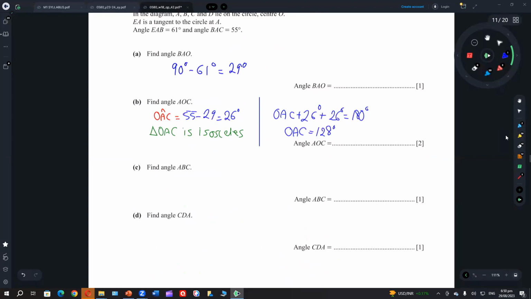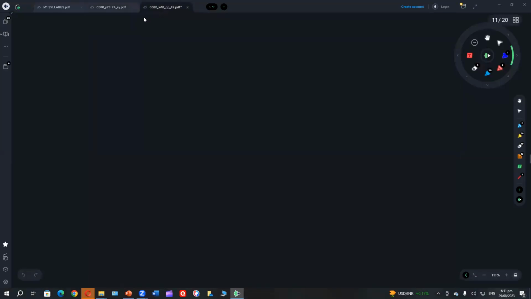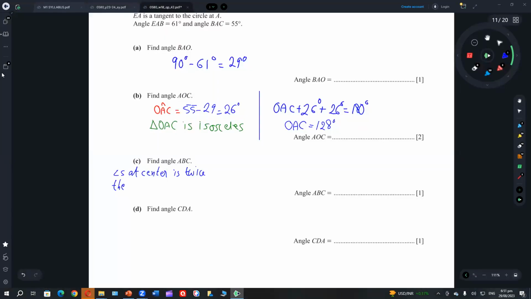What was the property? I write the property: angle at the center is twice the angle at the circumference.